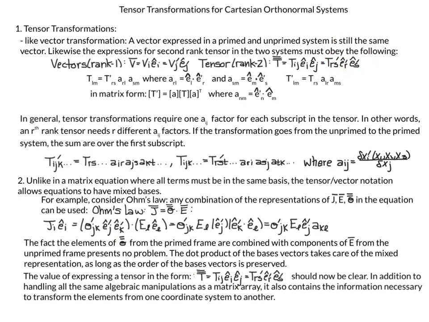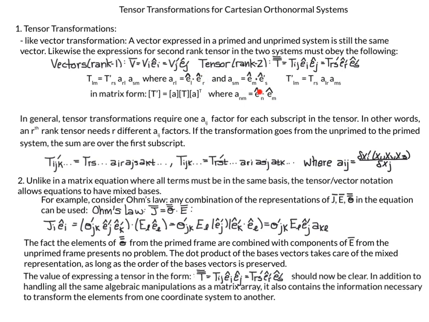So that'll be our tensor Rs in the primed coordinate system with our basis vectors e_r prime and e_s prime. We found that this can be transformed so that our unprimed system is equal to our primed system times this A_rl matrix and A_sm matrix, where A_rl is the lth unprimed dotted with the rth primed.